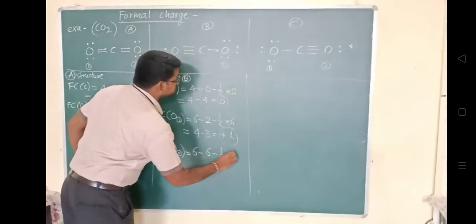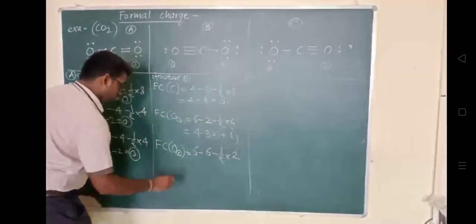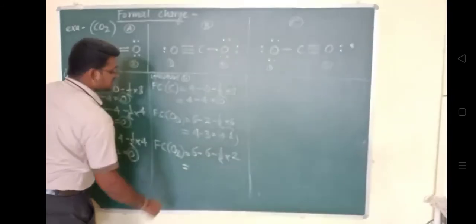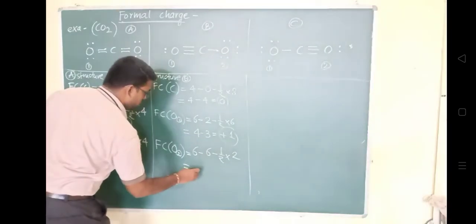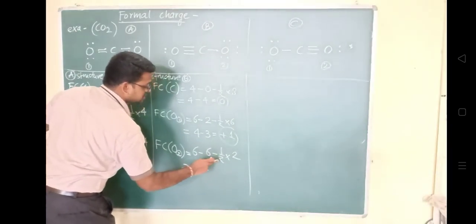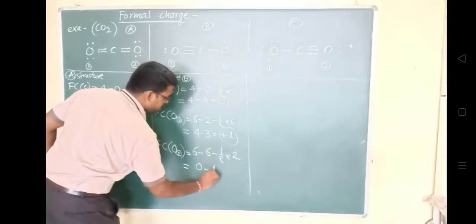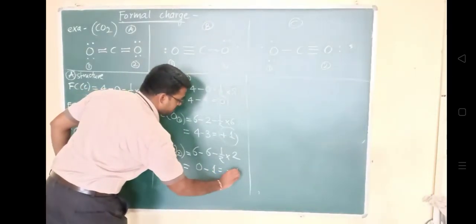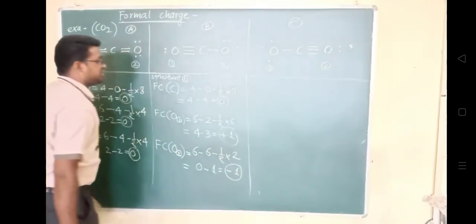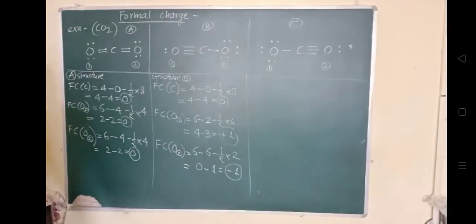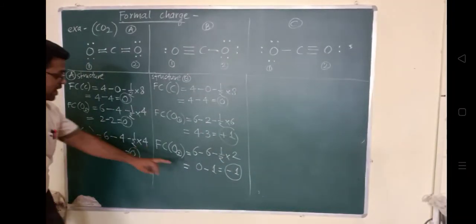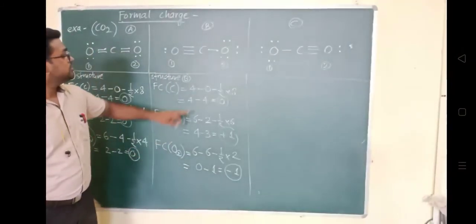So here the value is 2. In this way 6 minus 6 is 0. So 0 minus 2 divided by 2, here it is minus 1. So the answer is minus 1 as the formal charge. Minus 1 is the formal charge on the second oxygen.